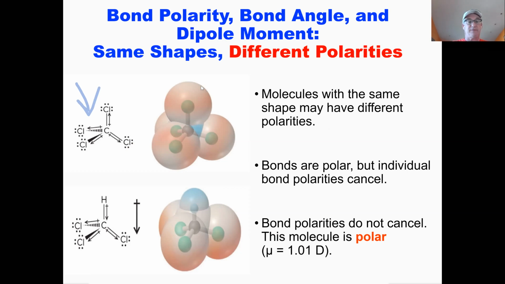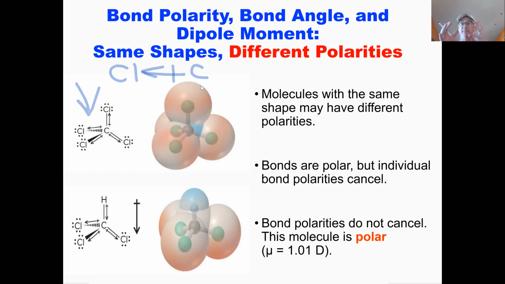It's so toxic. But it has four really polar bonds, because chlorine is way more electronegative than carbon. So it has four bond dipoles, all pointing towards the chlorines, and none of them pointing towards the carbons. And it's completely symmetrical.